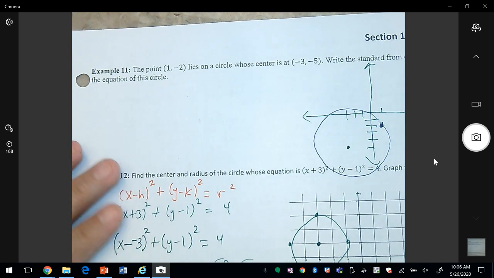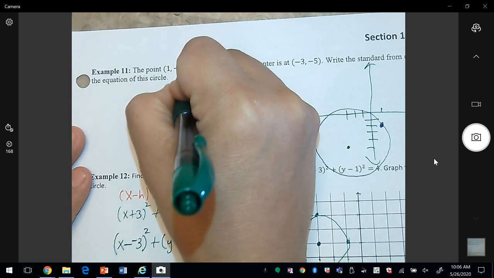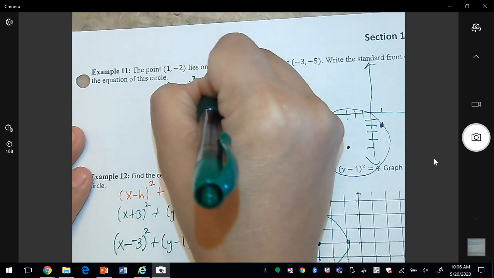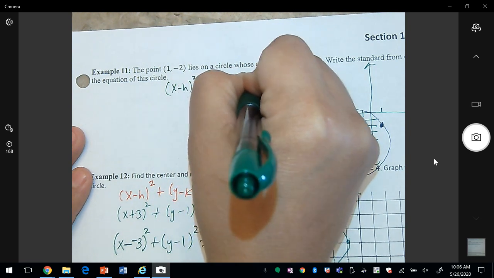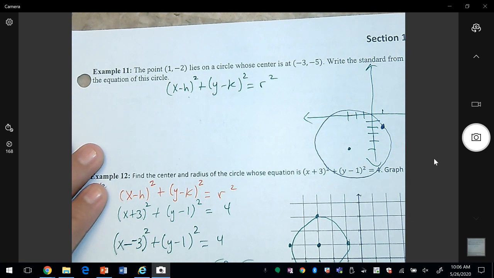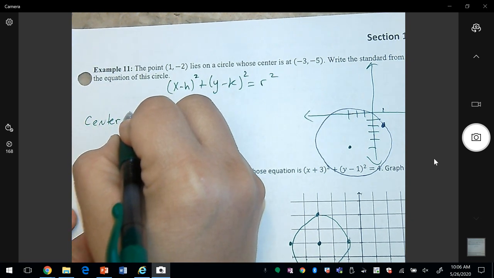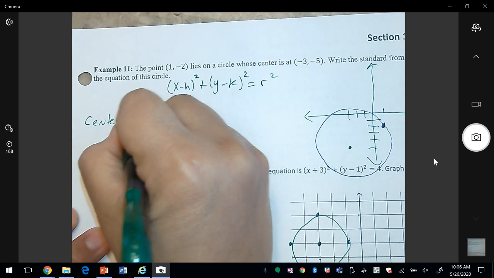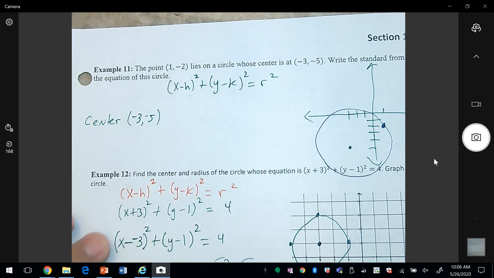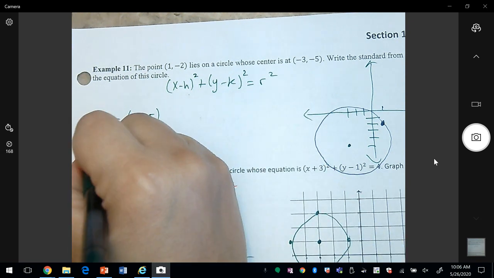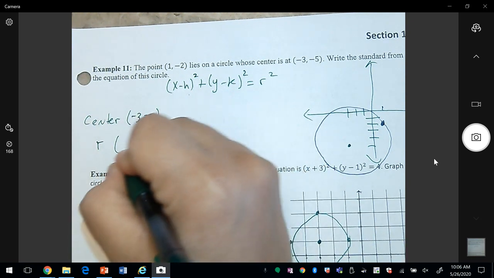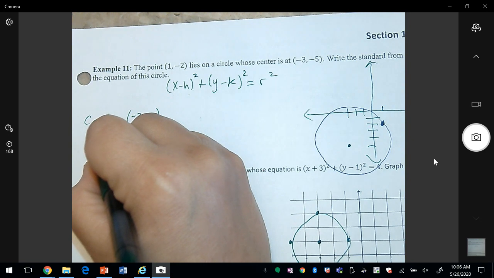So in order to write the standard form of an equation, it's always a good idea to write this. You're going to need to know what the center is. And we know that because they already give it to us. They tell us it's negative 3 and negative 5. Well, if we know r, then we can plug it in here.